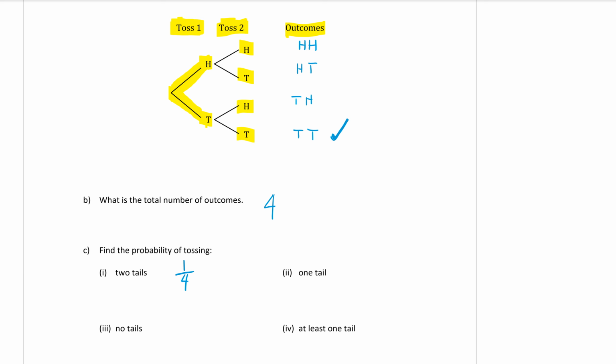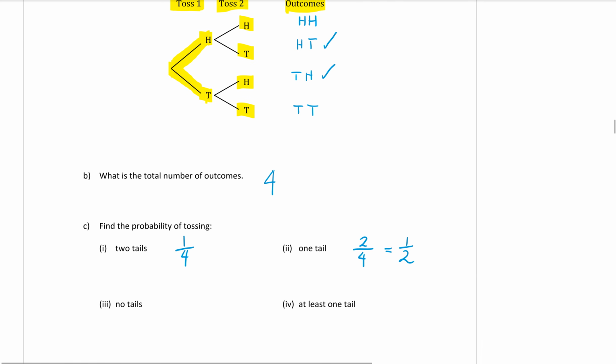Part 2 says find the probability of getting 1 tail. So that would be this one or this one. Both of those have exactly 1 tail. So that's 2 options out of 4, which simplifies to a half. Part 3 says no tails.